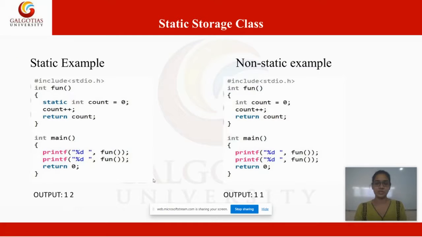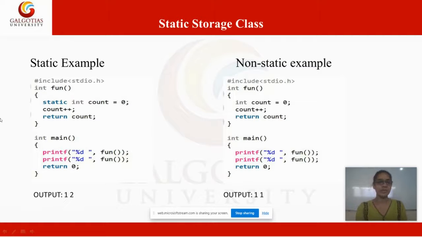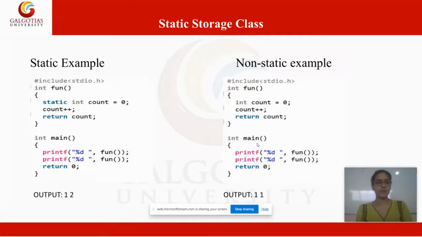I have a function here which is showing you the output for a particular code. Well, let us look at them. Here I have an example of static and the second one is a non-static example. When we look at the first example, let's try to remember and compare it with the second one.